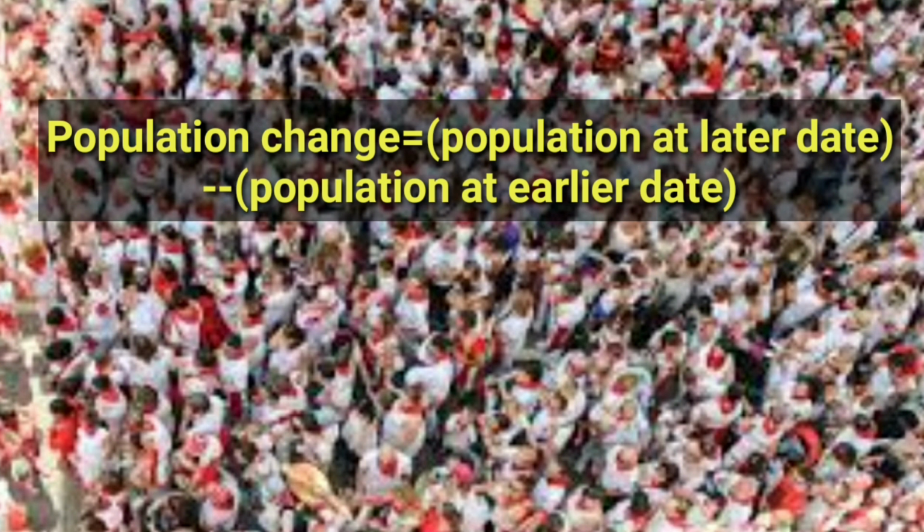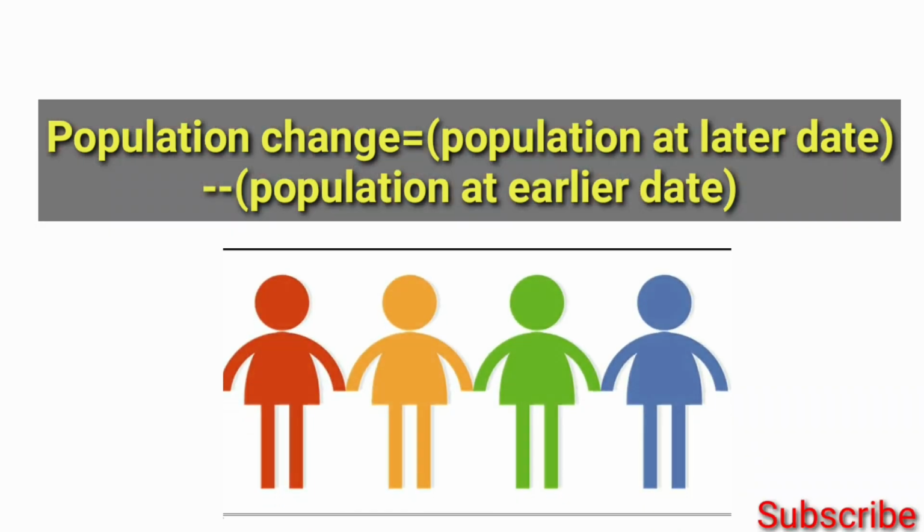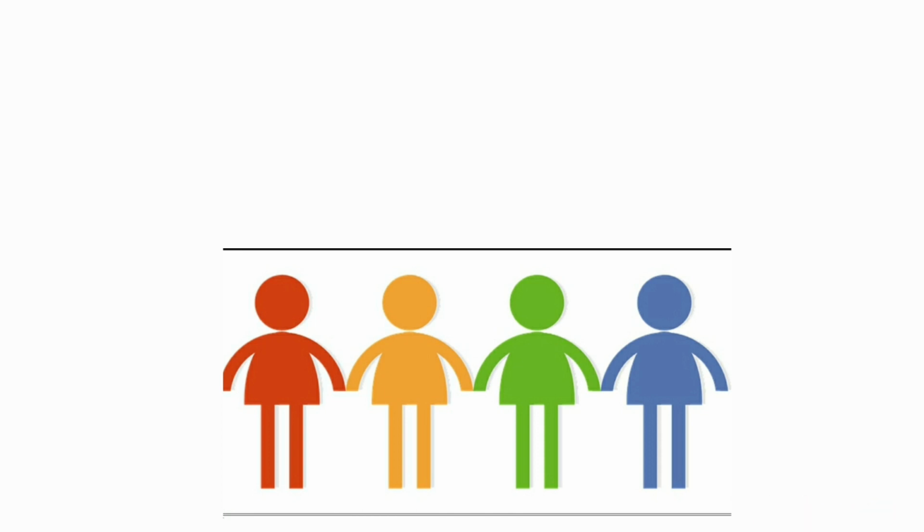If the result is a positive number, the population is increasing. If the result is negative, the population is decreasing. We can say it as population change in absolute numbers.